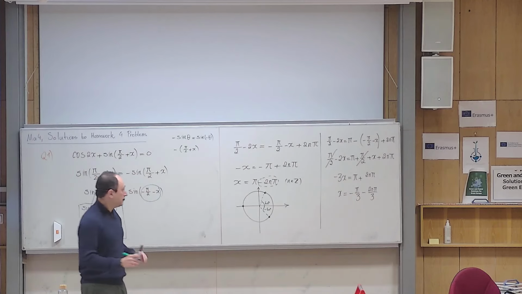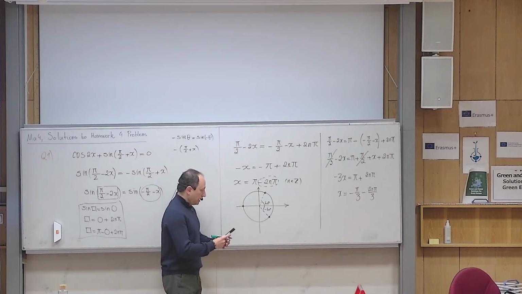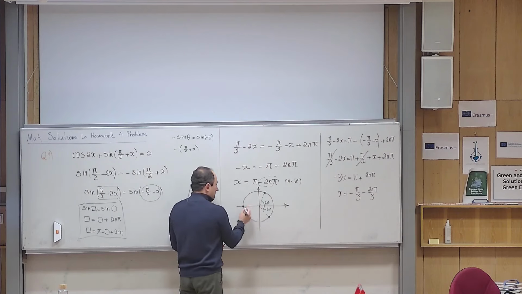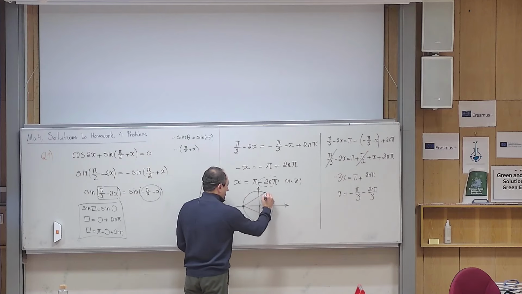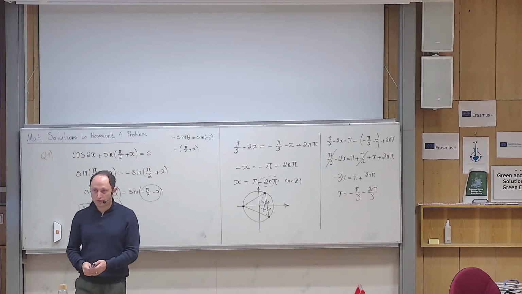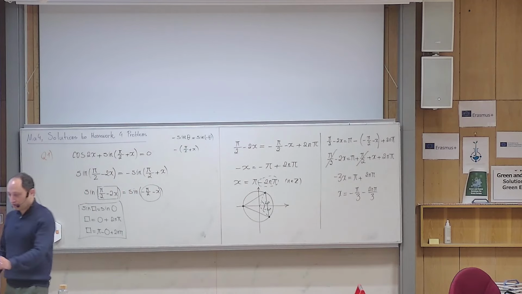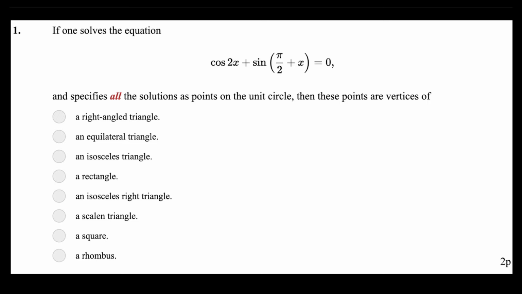Okay? But here, the problem is different. They are asking you about, if I connect the vertices, if I connect these points, I will make a shape. And they are asking, what shape is that? Okay, so what shape is that? It is a triangle. So if I go back to this, of course it is also an isosceles triangle.